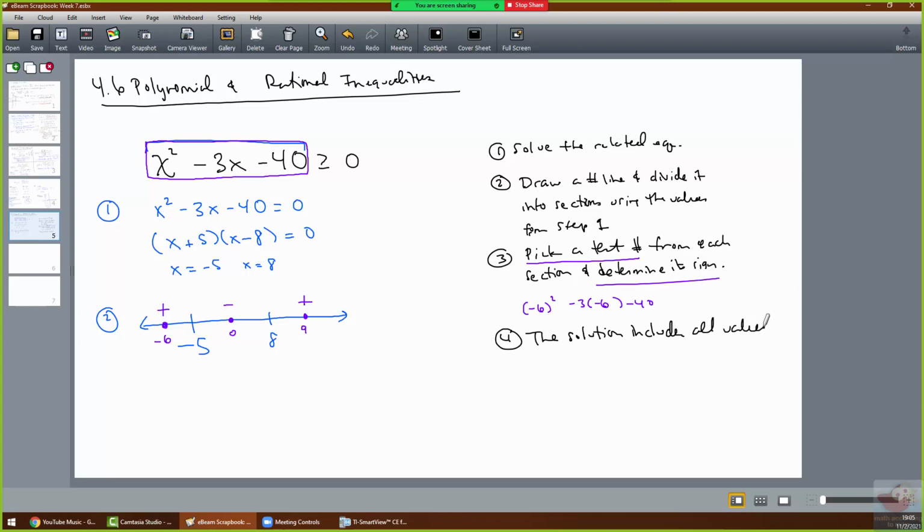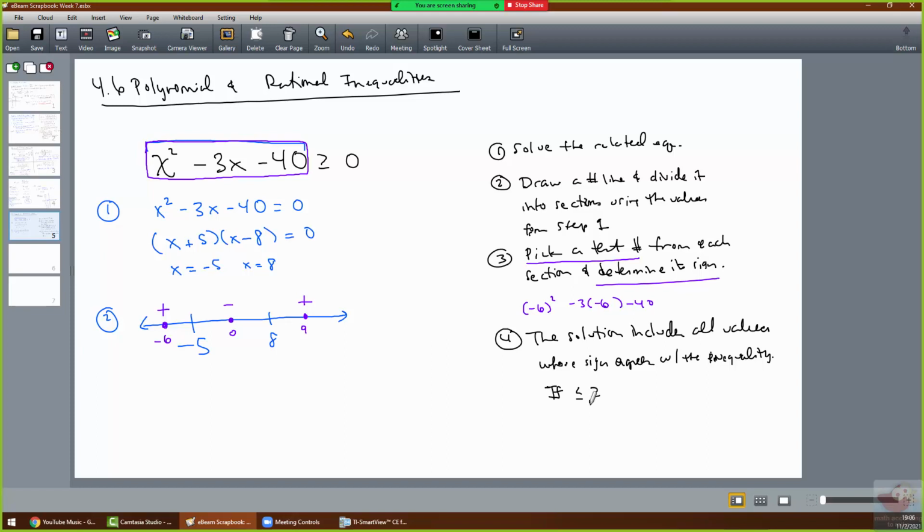So step 4 says the solution includes all values whose sign agrees with the inequality. And there's a little caveat.